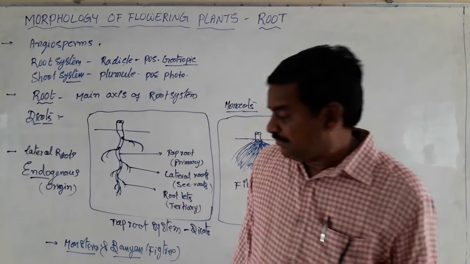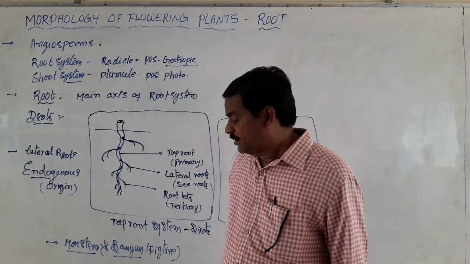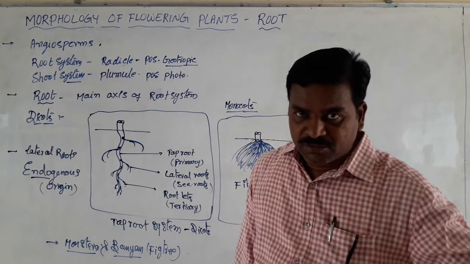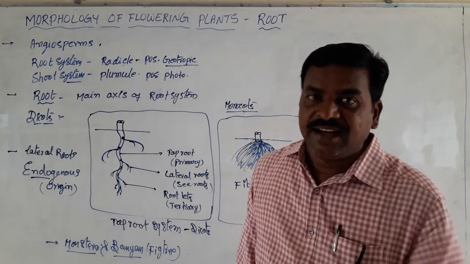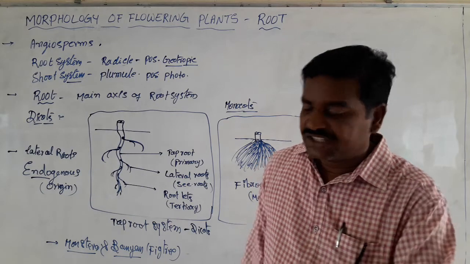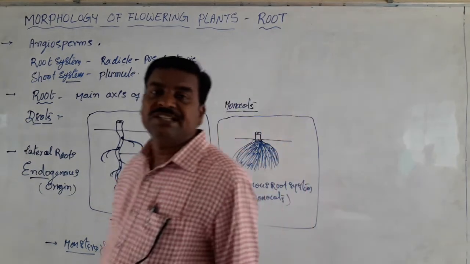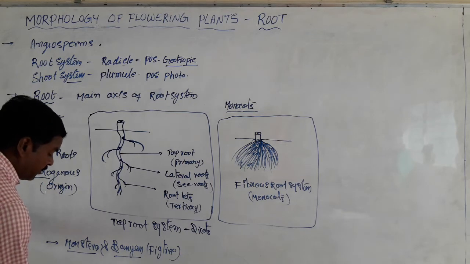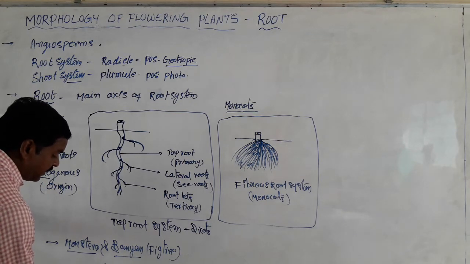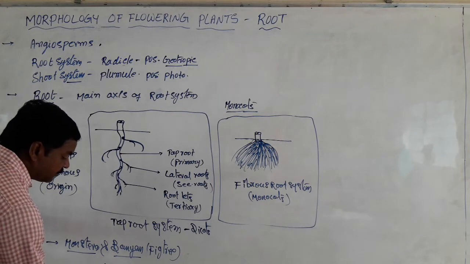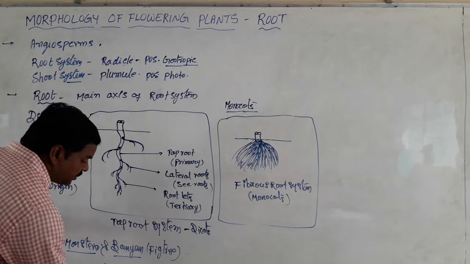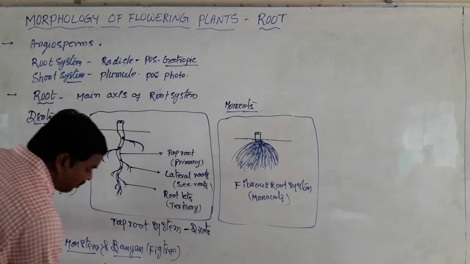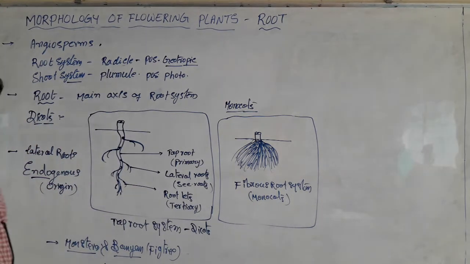The roots which are developed from any part of the plant body other than the radicle are called the adventitious root system. That is very important. This is called the adventitious root system.